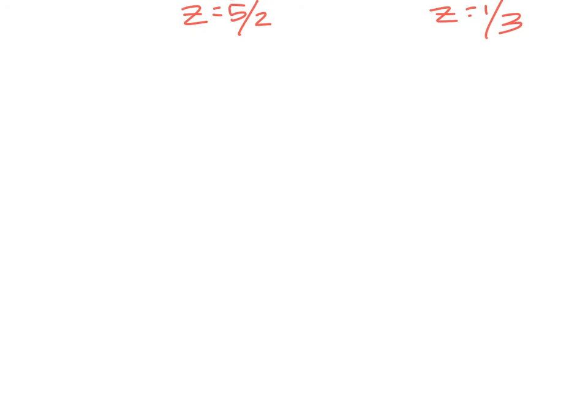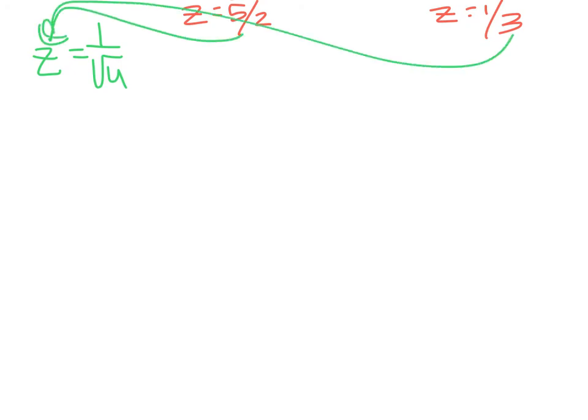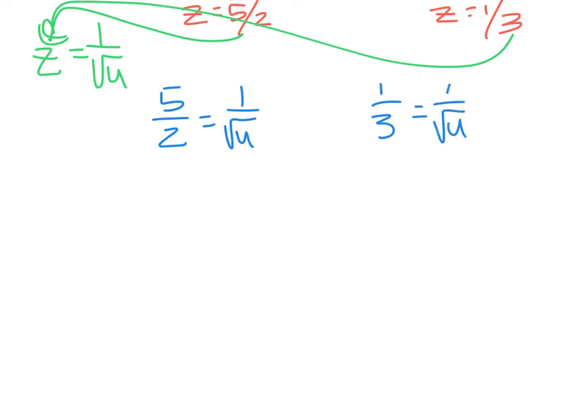If you remember, my original problem said that z was equal to 1 all over the square root of u, so that means I'm plugging this in here, and I got to plug that in there. So I have one equation, 5/2 is equal to 1 all over the square root of u. And I have 1/3 is equal to 1 all over the square root of u. I'm going to multiply both sides by the square root of u.